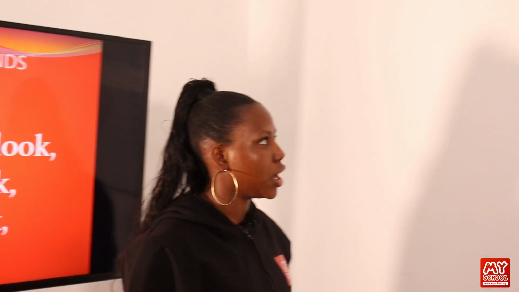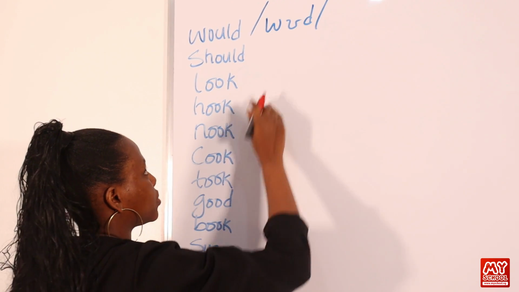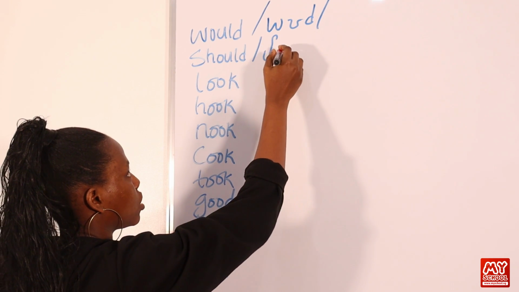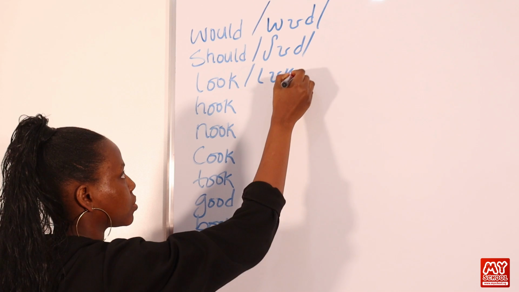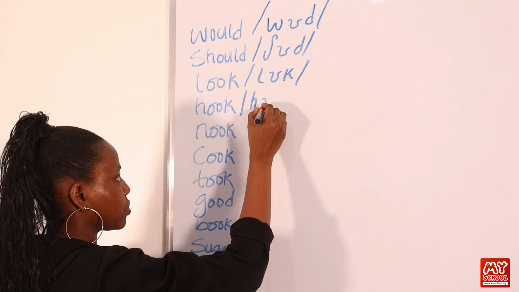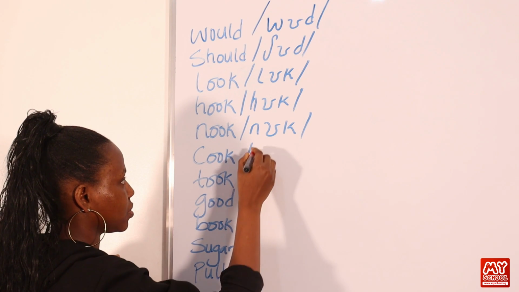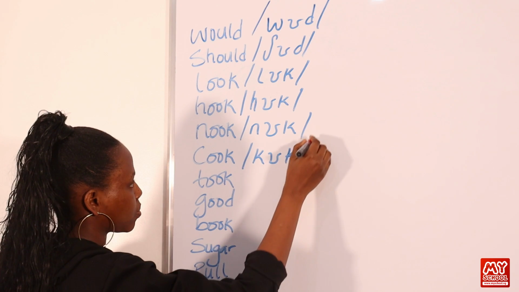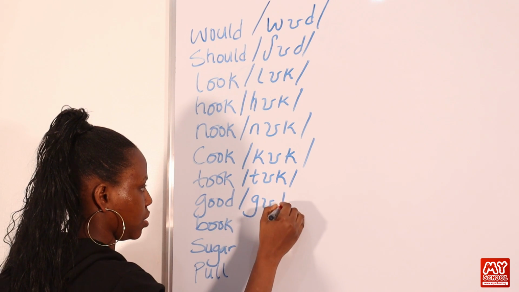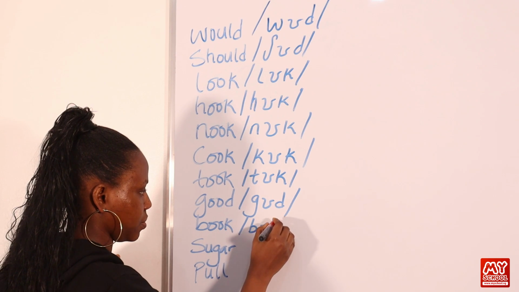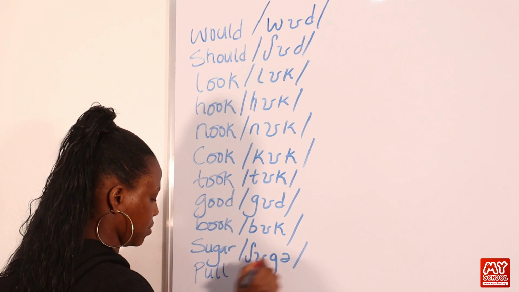Now let's head towards the board for the transcription of these words. So we have wood, okay, and we have should, and then we have look, hook, nook, cook, took, good, book, sugar, pull.